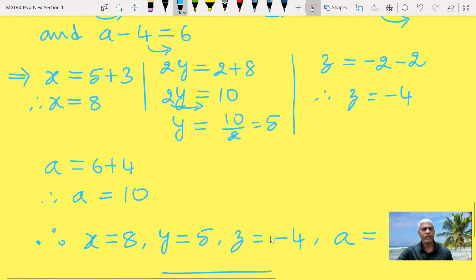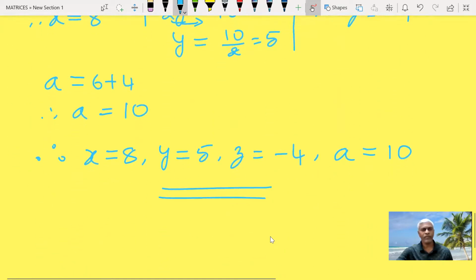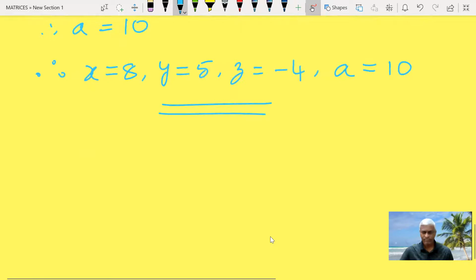Equating the corresponding elements in both the matrices, we get equations, and solving the algebraic equations, we get the required values.